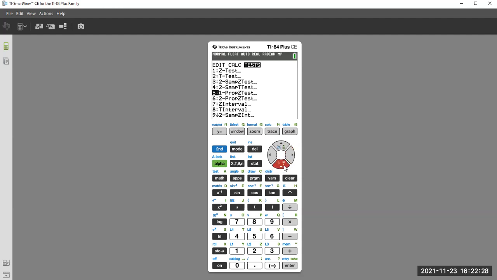So I scroll on down, I find my 1 prop z interval. It has a place for my x, 46, a place for my n of 100, confidence level 0.90. I said 0.90. 90%.